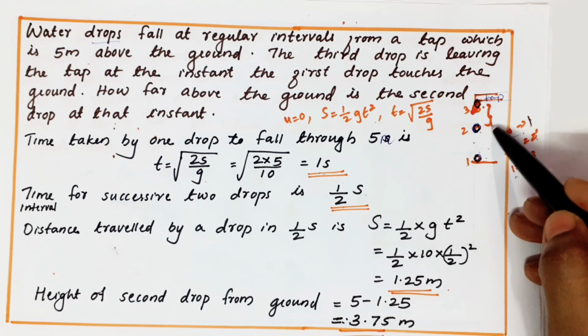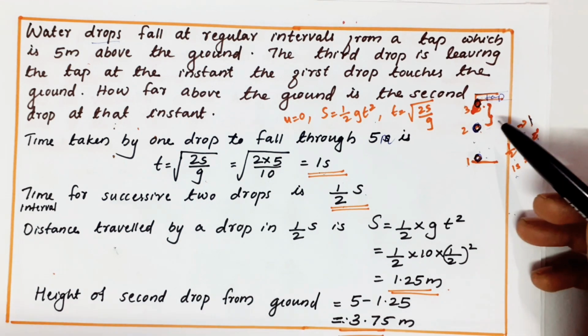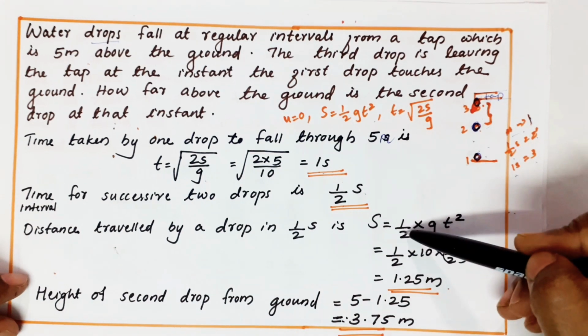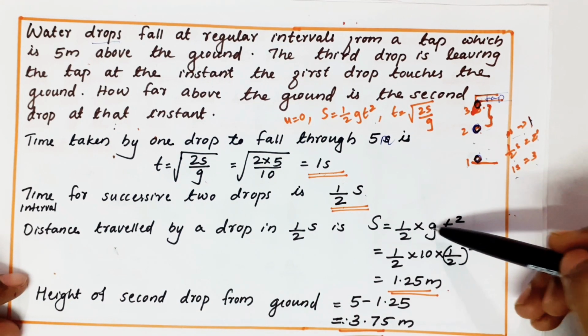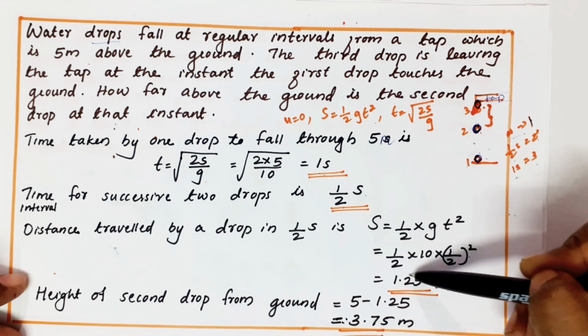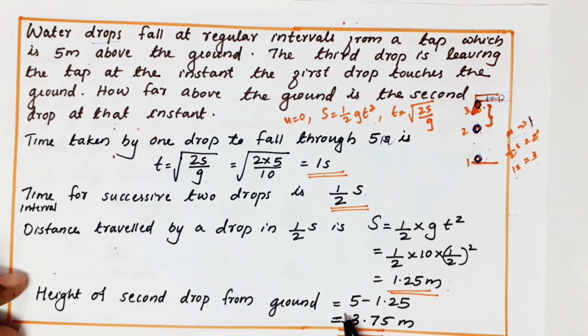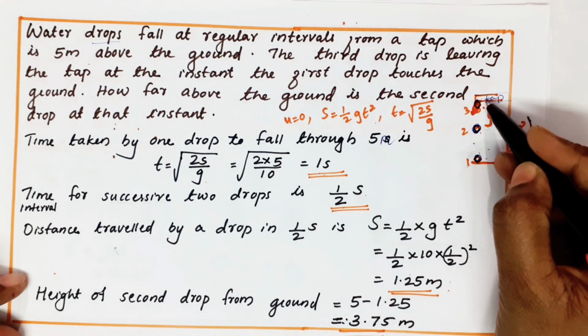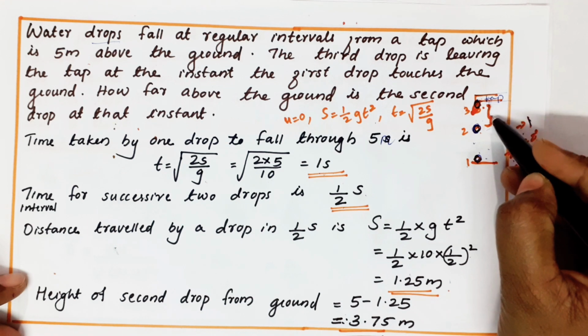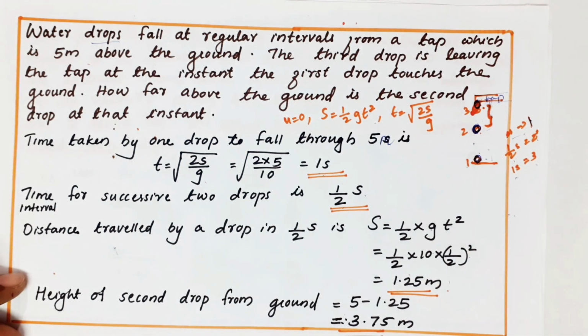Second drop already traveled half second. So I can take here half into g into t square. Half into 10 into half square. 1.25 meter. So this is the distance traveled by the second drop from the top. Okay. Now I need the distance from ground, that is 5 minus 1.25.